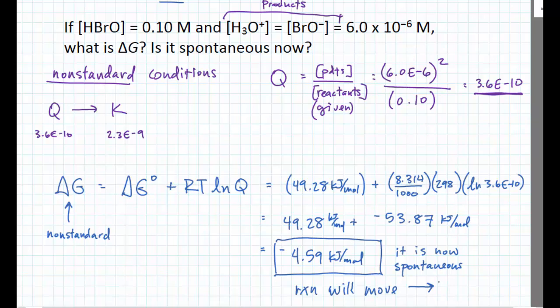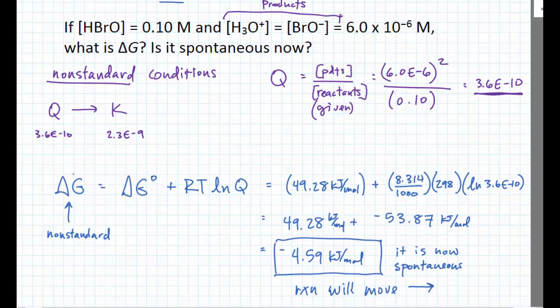Okay? It turns out that, let's see here, this is smaller than K, right, which it is, Q is smaller than K, that means we need to make more products. We talked about that before.